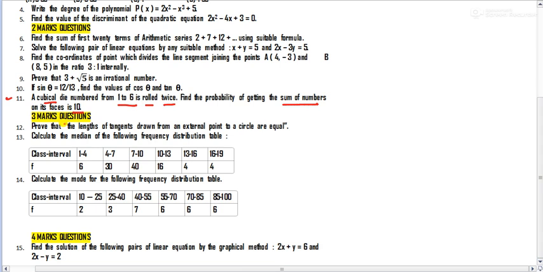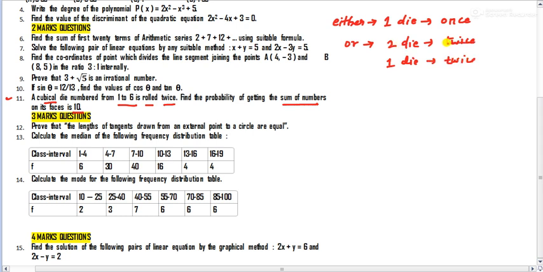Whenever you get a dice question, it will be either one die rolled once, or two dice rolled once, or one die rolled twice.